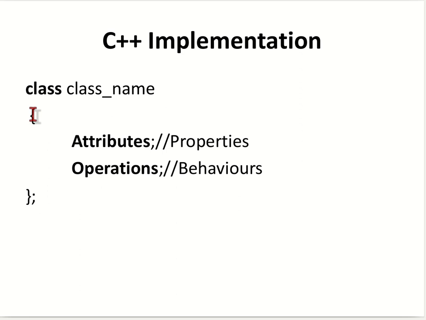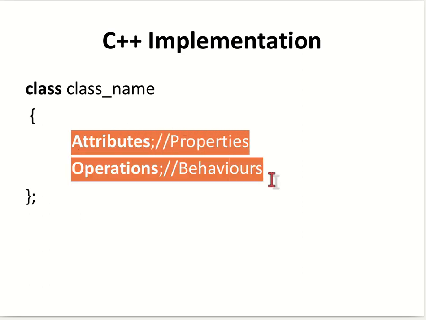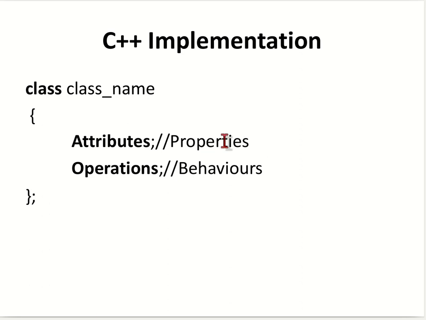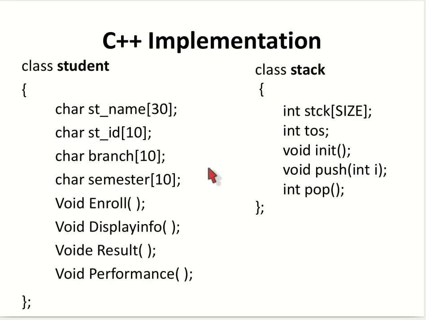Class name, opening curly bracket, closing curly bracket, semicolon, and inside this we say what the attributes and operations are. Attributes are the properties of that class's objects, and operations are the behavior of the class's objects.